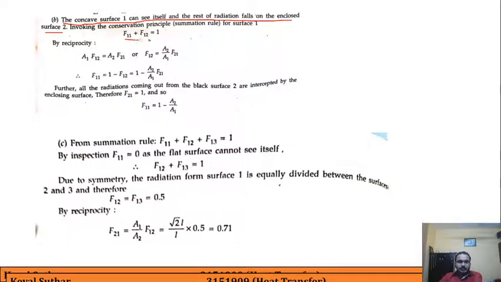So we can say that F11 plus F12 equals 1, and here F11 does not equal 0. It will have some value because of the concave surface. Now with the reciprocity theorem we can write A1 F12 is equal to A2 F21, and finally F12 is equal to A2 by A1 F21.